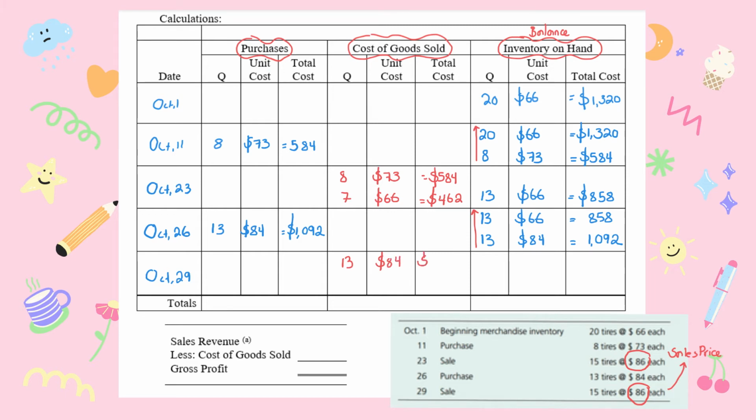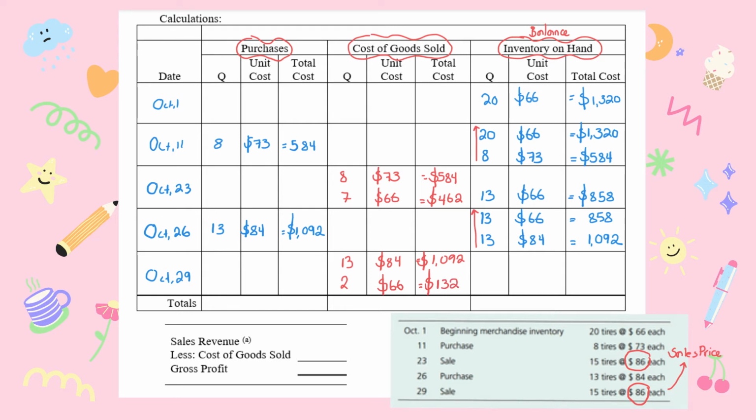So the total will be 1092. Now I need to sell 15 units in total. I sold 13, so 2 more needed. From the oldest, 66 each. So it's gonna be 132.